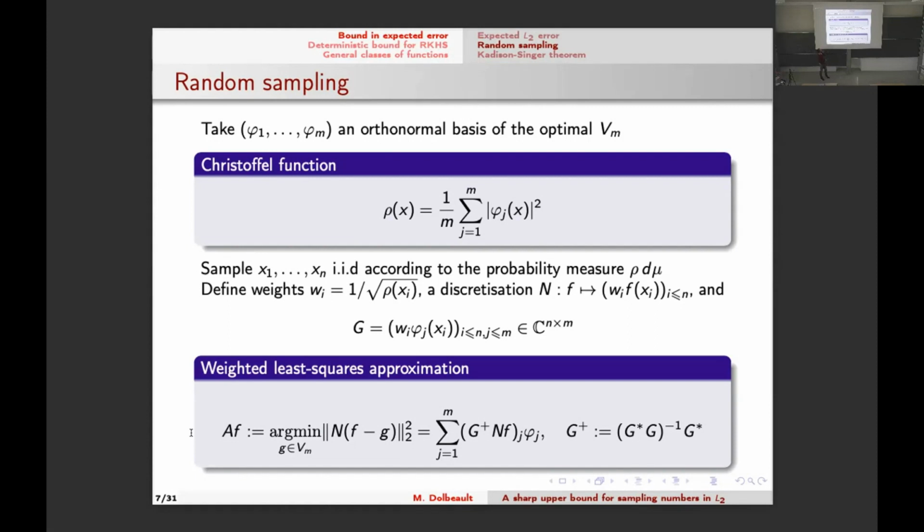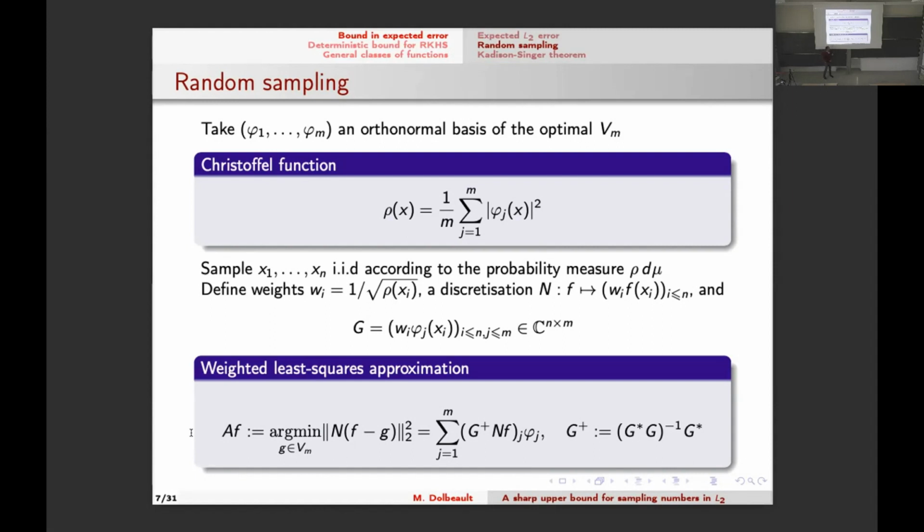Okay, so here, if I call n my discretization operator, which takes a function and maps it only to its function values, which is the only part of the function that I know, with the weights, then the weighted least squares approximation is just minimizing the discrete L2 norm of f minus my approximation.